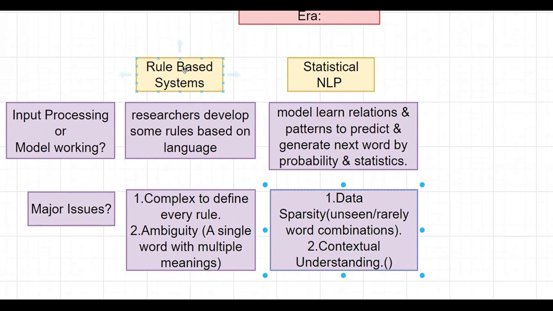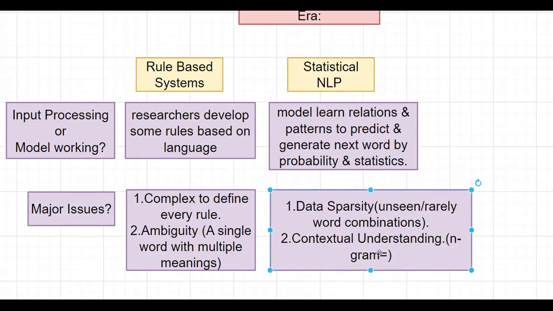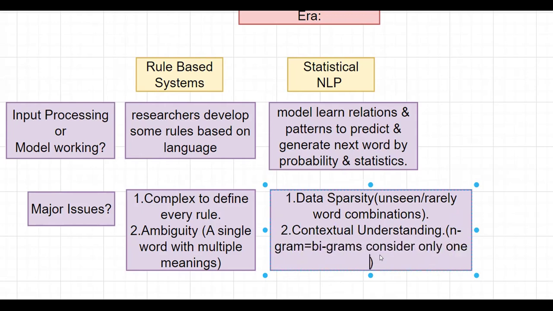Or while loading the data. So currently, what type of n-gram did I use in this example? I used a bigram, right? Since I predict the next word based on the previous word, there are two words, so we call it a bigram. A bigram considers only one previous word to predict the next word.